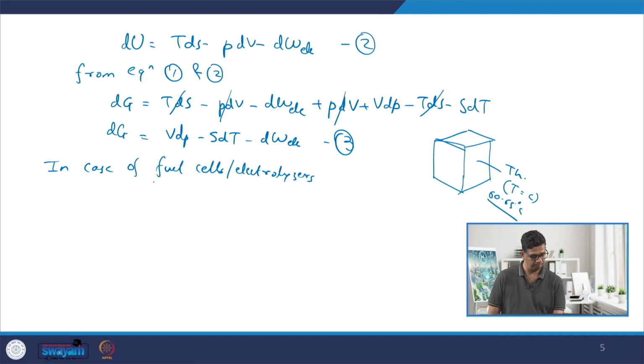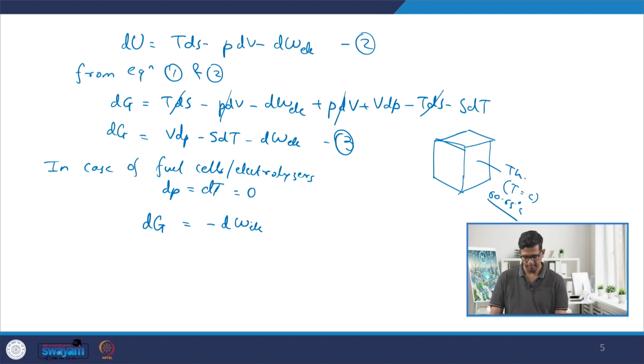So we can say change in pressure or change in temperature is 0, and that is what leads us to a very important relation: the change in Gibbs free energy of any reaction is given as an output in terms of the electrical work.